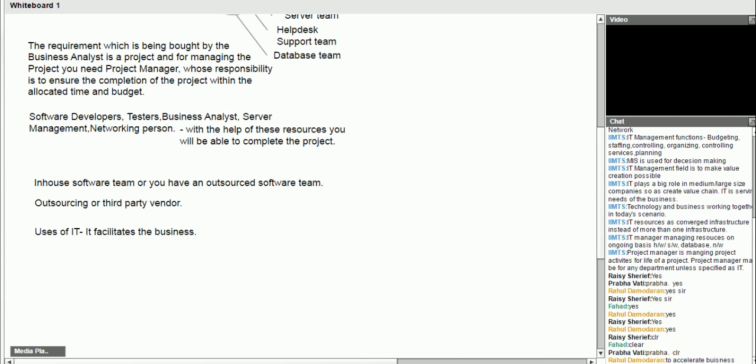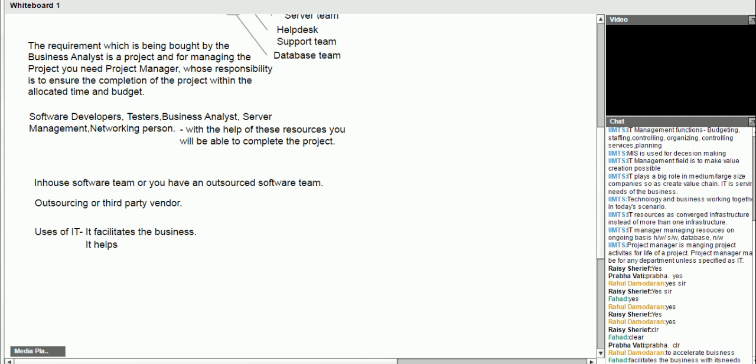Then number two, what is the second use of IT? Tell me. It accelerates business. True. That's true, Fahad. It facilitates the business with its need. Then come up with another answer.